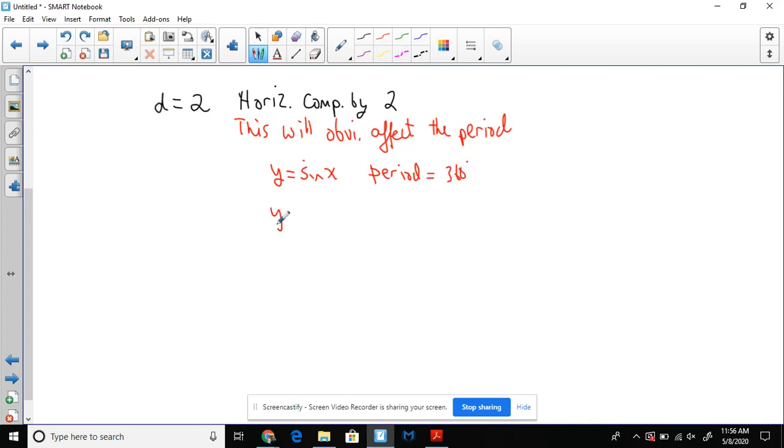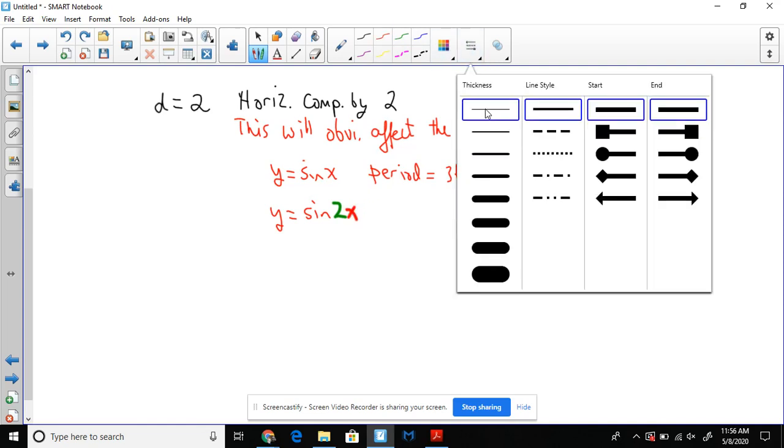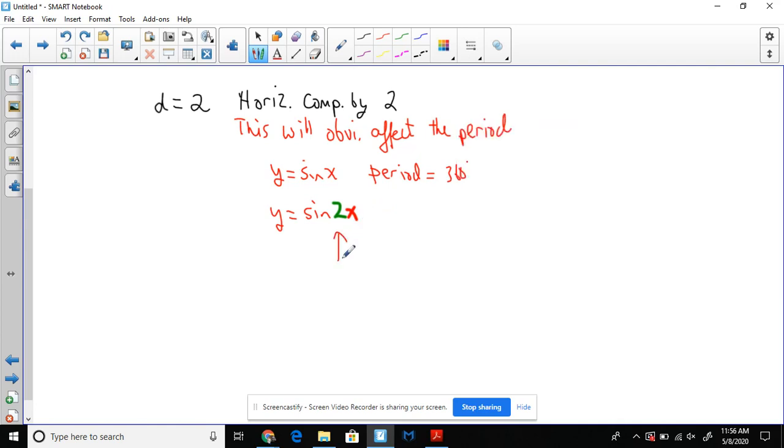Now, if I have something like sine of 2x, that means I divide the x values by 2.